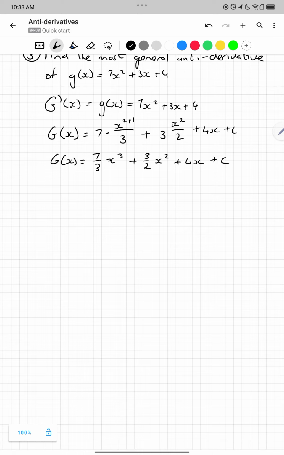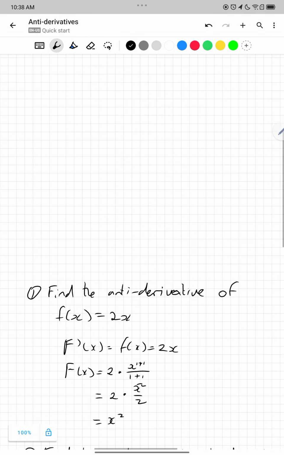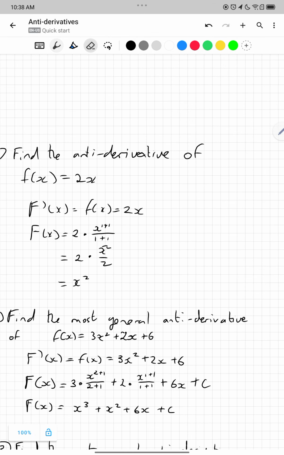Today we are continuing with antiderivatives. So let's get to it.